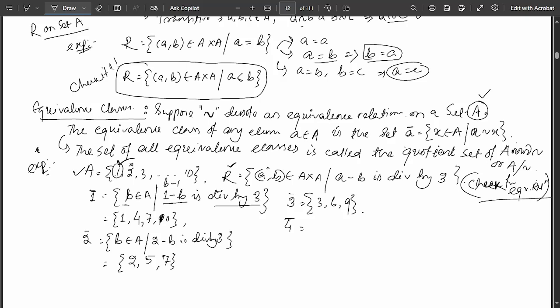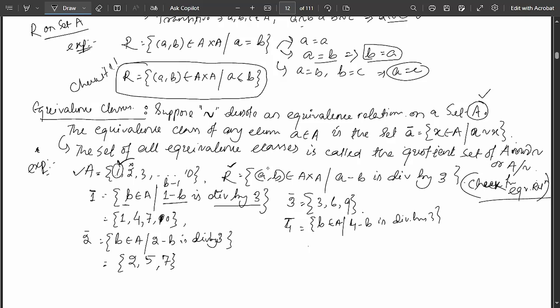So I found that it is equal to the equivalence class of 1. Let's take it: if I find the equivalence class of 4, I find those b belonging to A such that 4 minus b is divisible by 3.